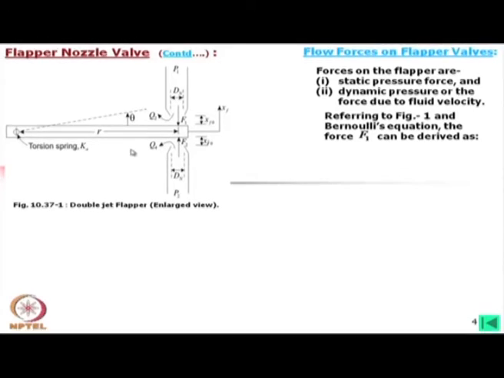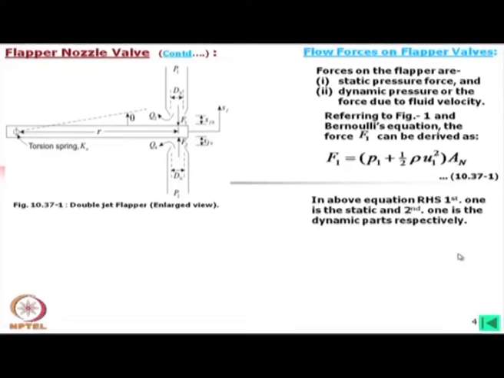Now, referring to this figure and considering Bernoulli's equation, F1, that is the force, can be derived as F1 is equal to P1 An plus half rho u1 square An, where An is the area of this orifice hole diameter.